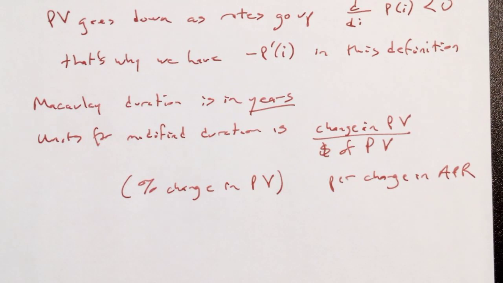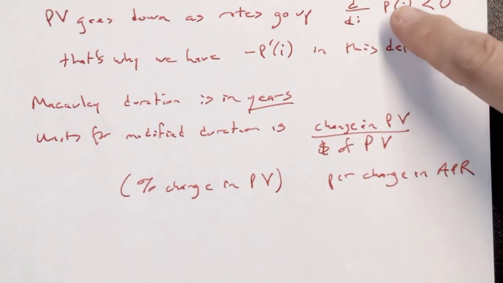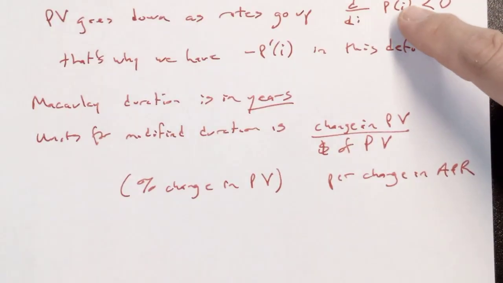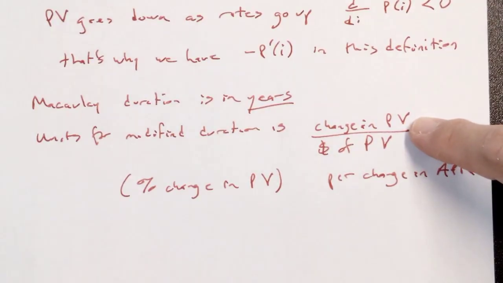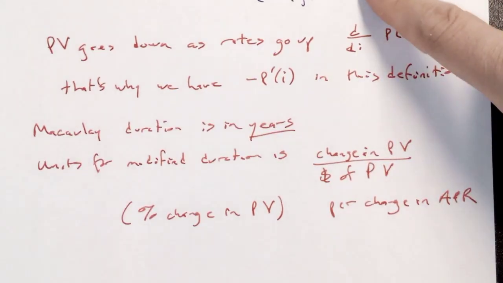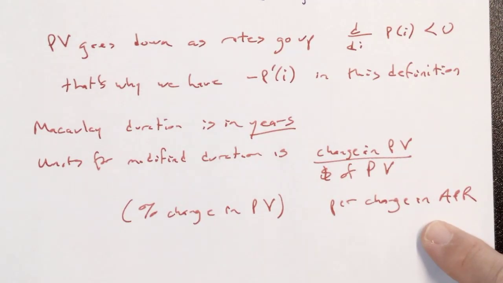The units for modified duration: change in present value per dollar of present value per change in interest rate per year. Because we're using a derivative here, that derivative has these units, and then I'm dividing by P of I. Oh boy.